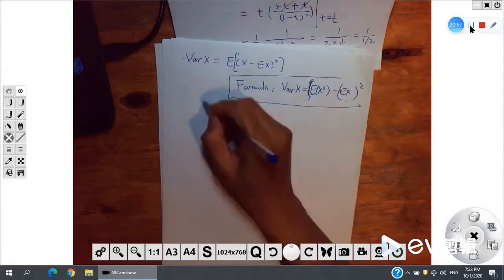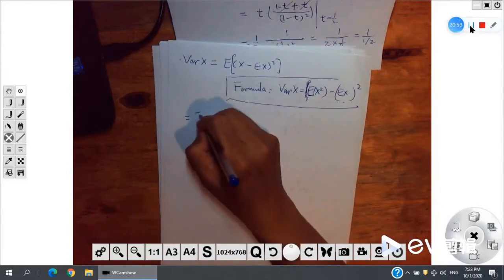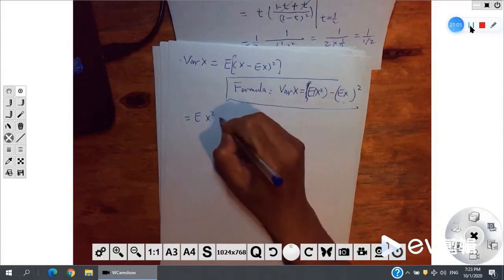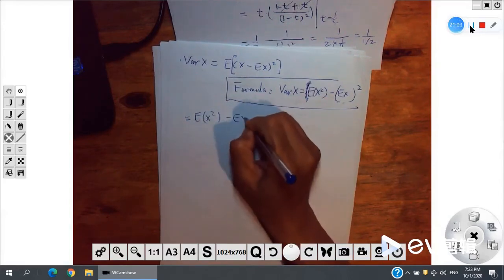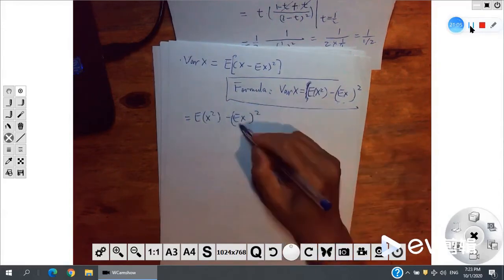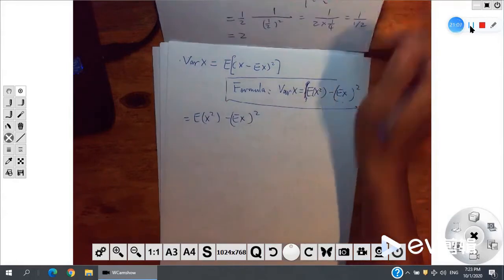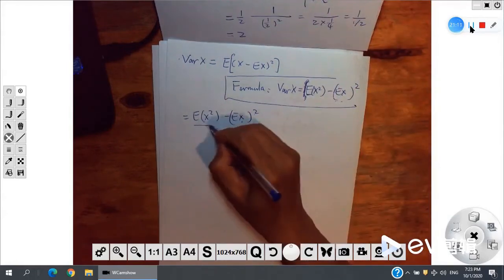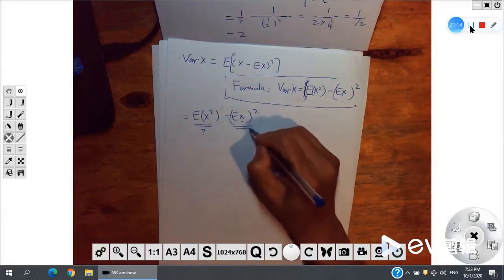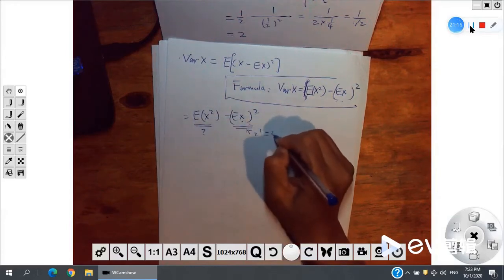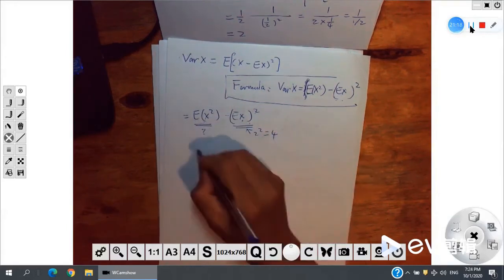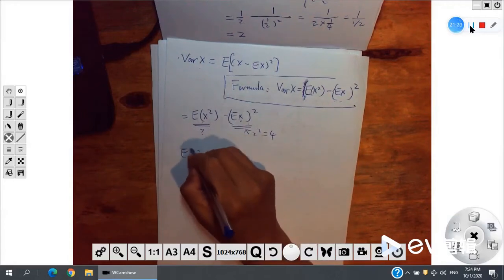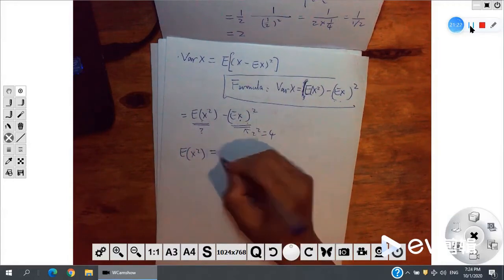Okay, so this one will equal E[X squared] minus (E[X]) squared. E[X] we already have, right? It is 2, so 2 squared is 4. But what is E[X squared], the expectation value of x squared?